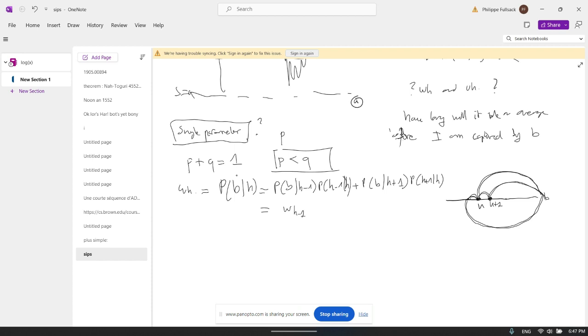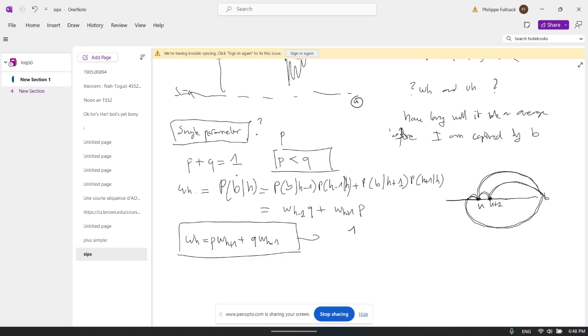And the probability of losing 1 point is Q, plus, and that would be WH plus 1 P. Okay, so I arrive at this recurrence relation.